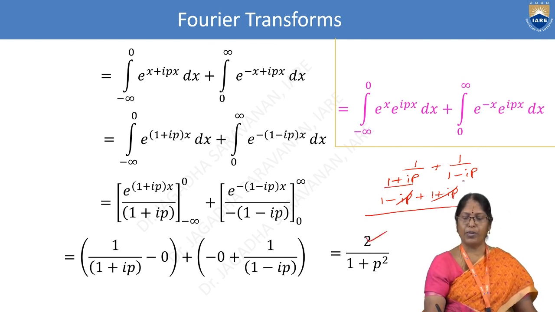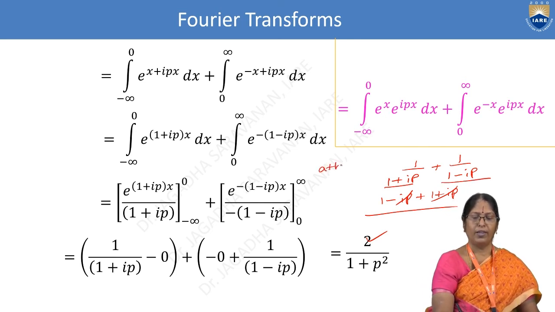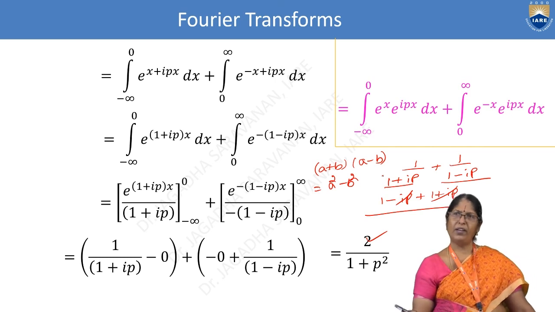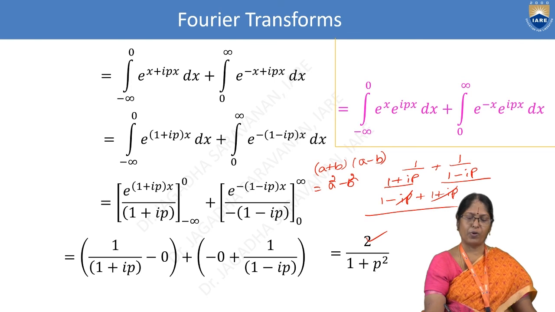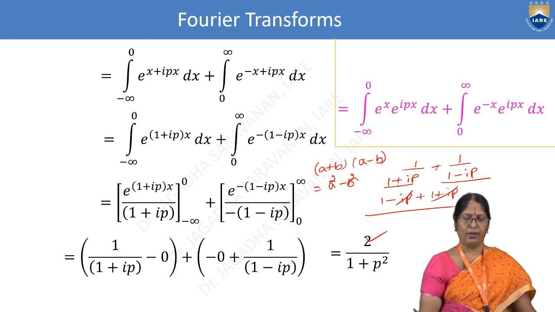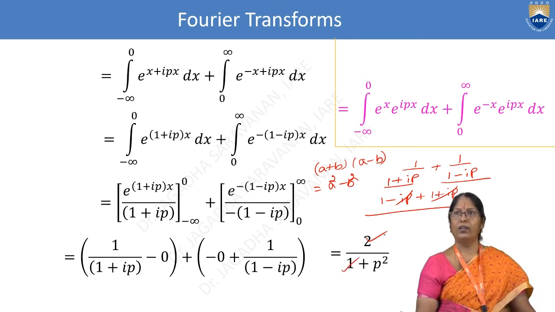This is a plus b, a minus b. We know the algebraic formula: a plus b into a minus b is nothing but a square minus b square. Immediately we have to see what our a is in our problem. In our problem, our a is 1. So that's 1 square.